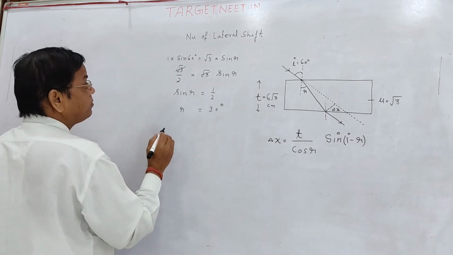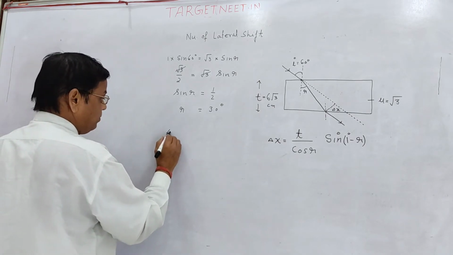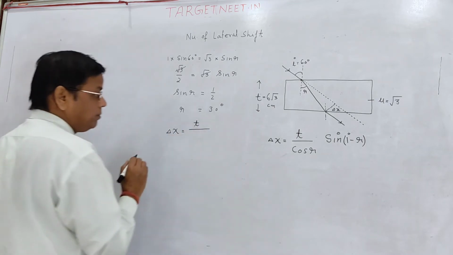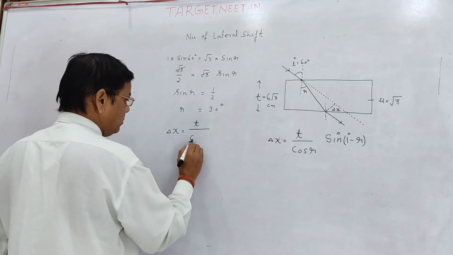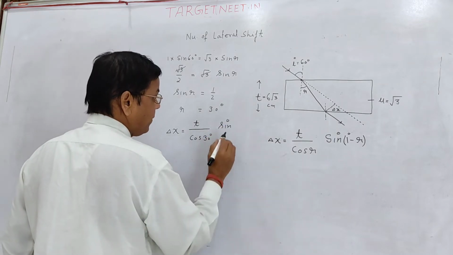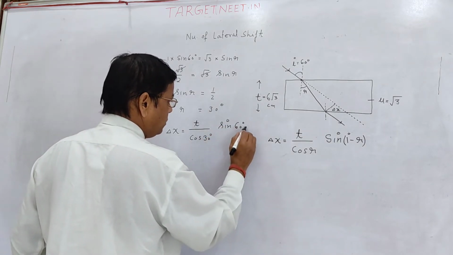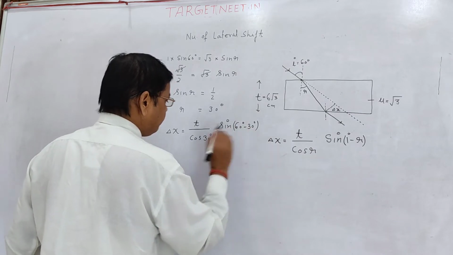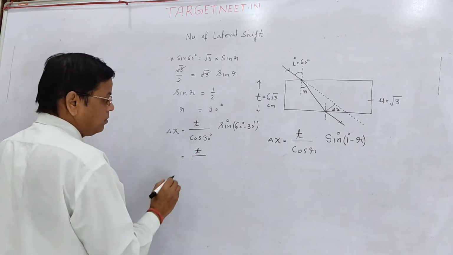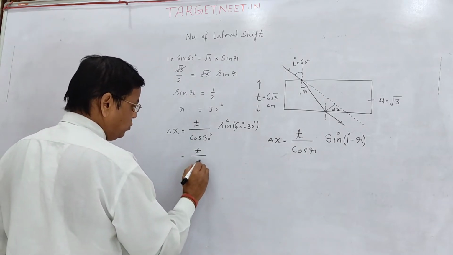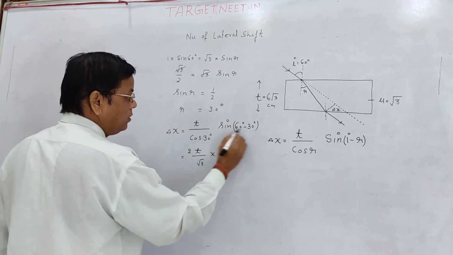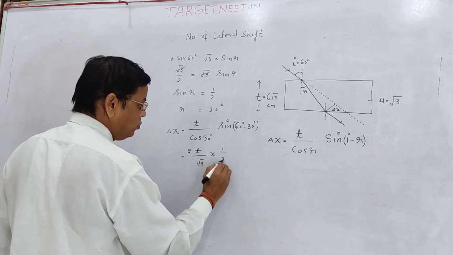So lateral shift is t divided by cos r, cos 30 degrees, into sin(60 degrees minus 30 degrees). So it is t divided by cos 30 degrees, which is √3 by 2, into sin 30 degrees, which is 1 by 2.